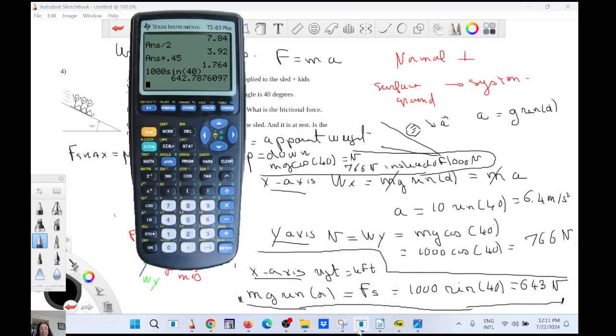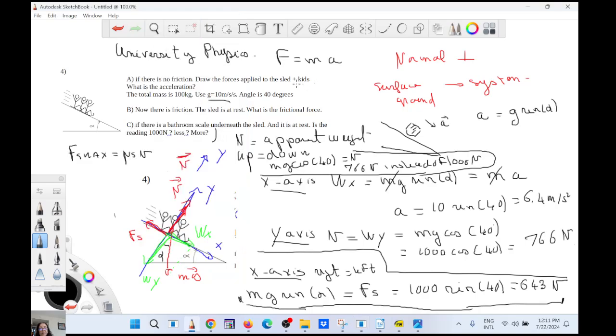Okay, so that means instead of having 1000, you're going to read 766. So it has decreased by 1000 minus 766 divided by 1000. It has decreased by 20% a bit, about, right? So the answer here is 20% less.